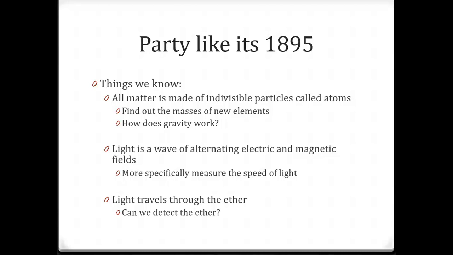The second thing that we know is that light is a wave of alternating electric and magnetic fields. We'll get to that later this term when we start looking at Maxwell's equations. By the mid to late 1800s, we have a model of electricity and magnetism where electric fields and magnetic fields are related to one another.